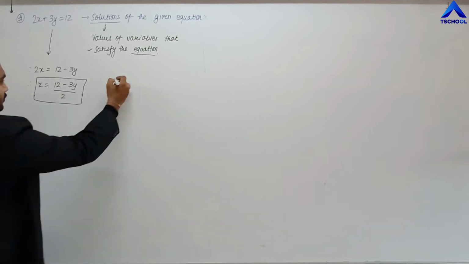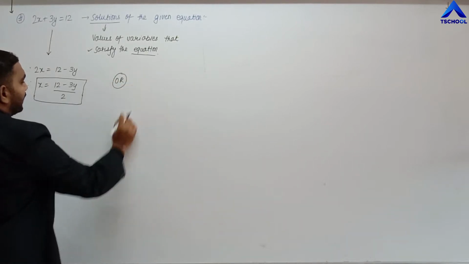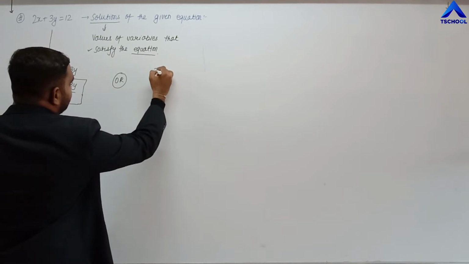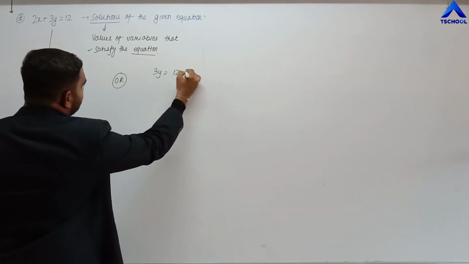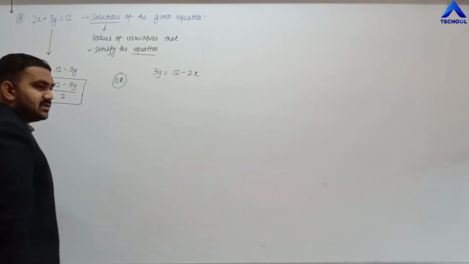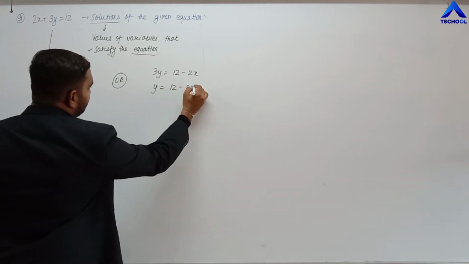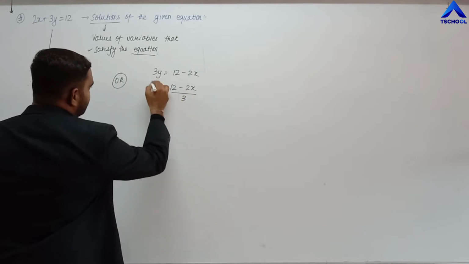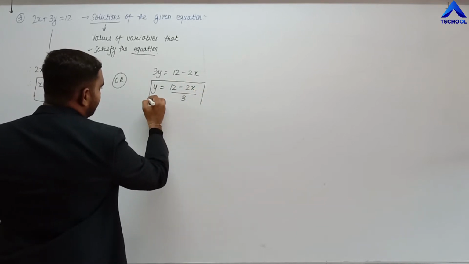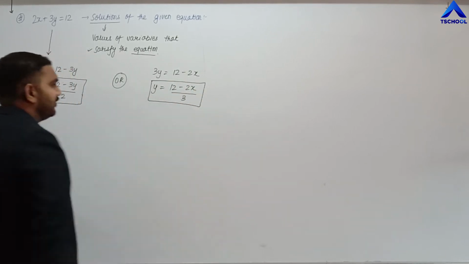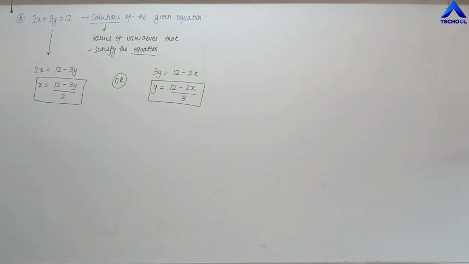Or you can also take 3y is equal to 12 minus 2x, and hence y is equal to (12 minus 2x) upon 3. So that is how you take y as the subject.